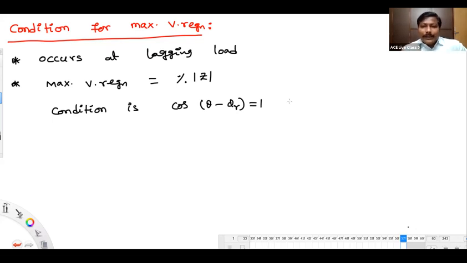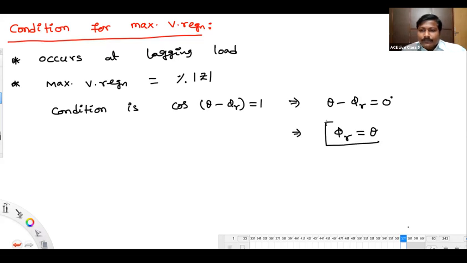What do you mean by cos of theta minus phi r equals 1? Theta minus phi r equals 0 degree. Now the condition is power factor angle equals impedance angle of the transmission line. Whenever power factor angle phi r equals the impedance angle of the transmission line, at that time we are going to get the maximum voltage regulation.